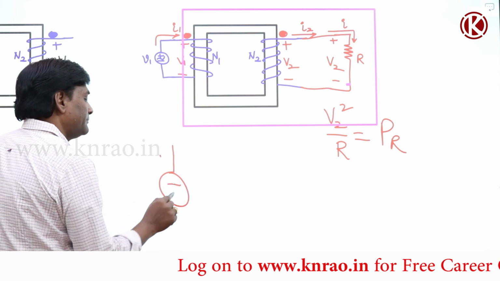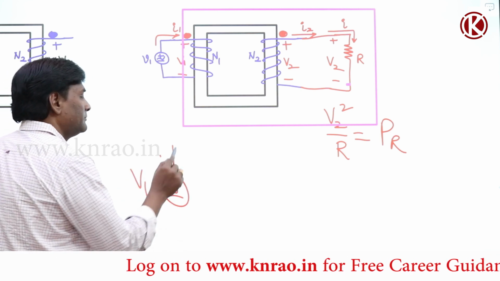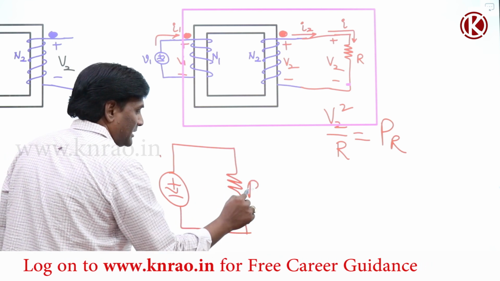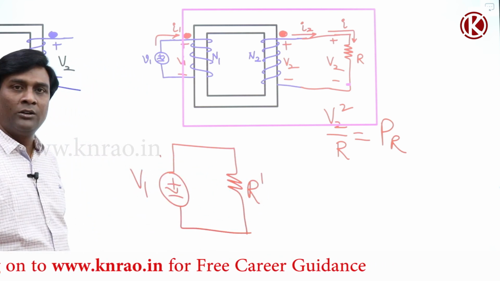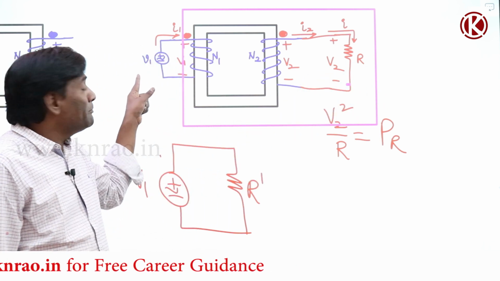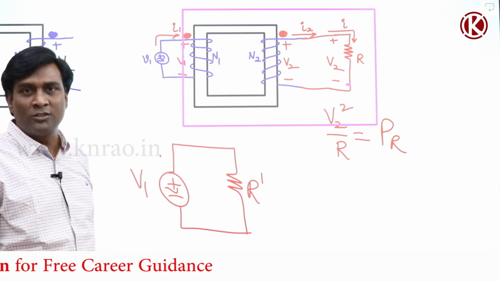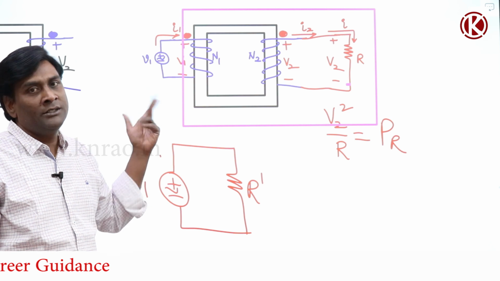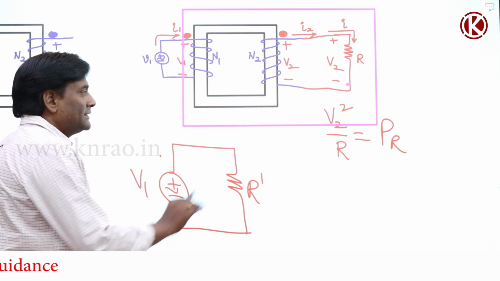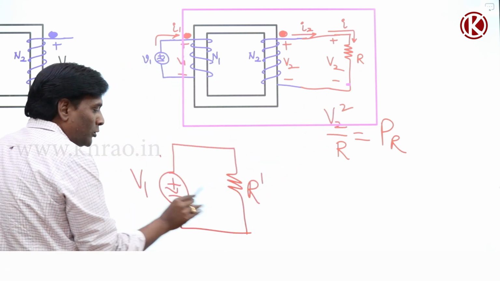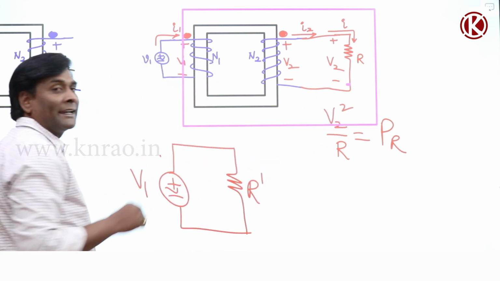See here, this is going to be V1 and here some resistance R dash. Equivalently, if it is absorbing power, the same power it is supposed to deliver. So absorbed power here equals delivered power here or not? Yes. So V2 square by R should be equal to V1 square by R dash.